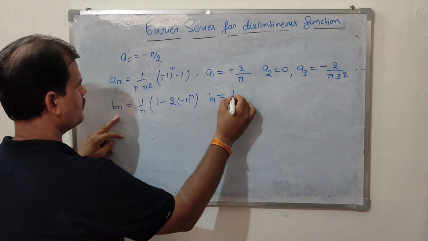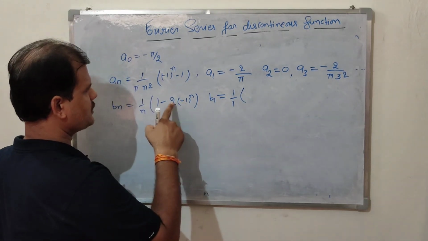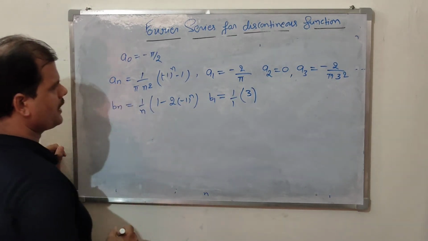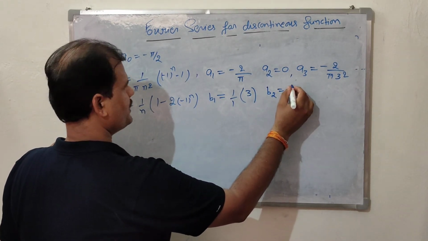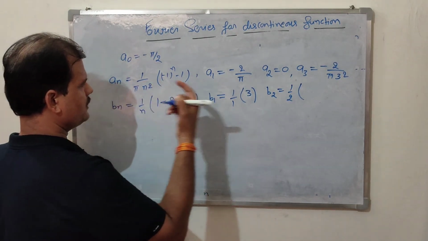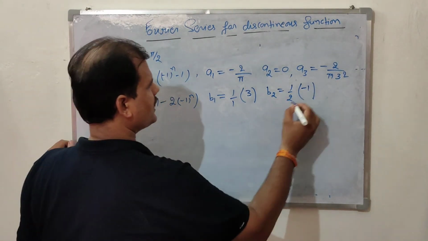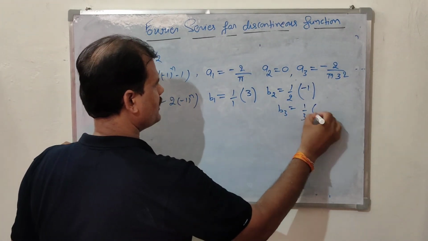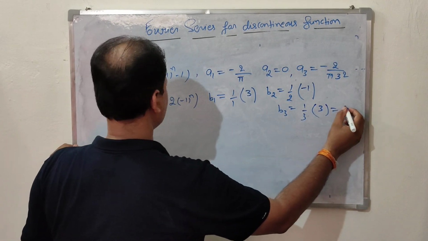So b1 equal to 1 upon 1, 1 minus, here we get minus, so plus, we get 1 plus 2, 3 we get, so 3 by 1, 3. b2 equal to, we get 1 by 2 and 1 minus, so this will be plus, 1 minus 1, so we get minus 1, so we get minus 1 by 2, and b3 equal to 1 by 3 and 1 plus 2, so 3 we get, so we get 1 here.